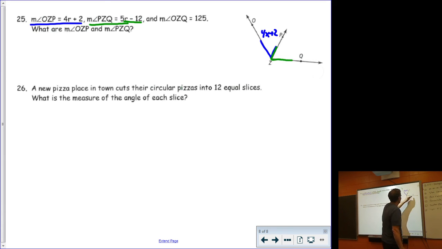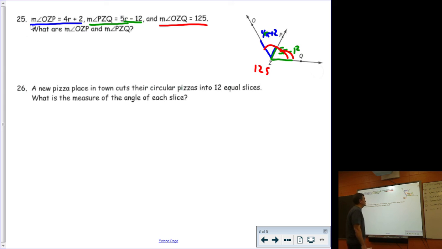PZQ is this angle, and it is 5r minus 12. Oops, I didn't see that was an r there, did I? It says that the whole angle is 125.